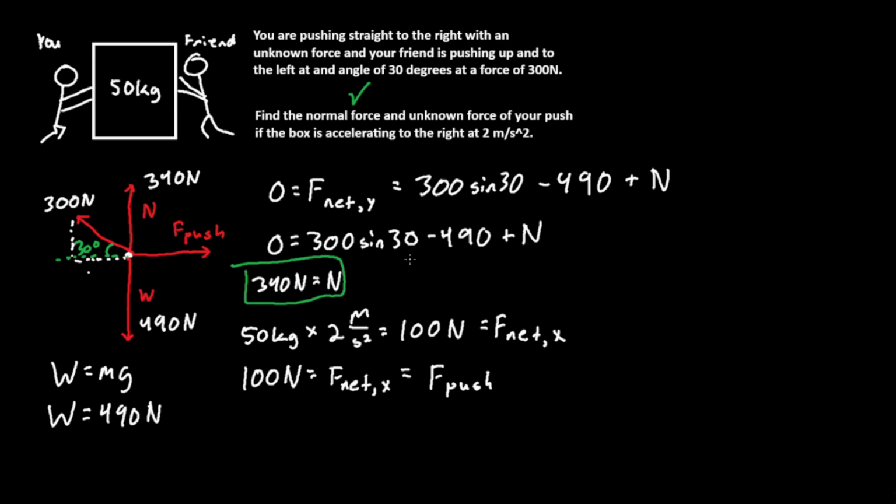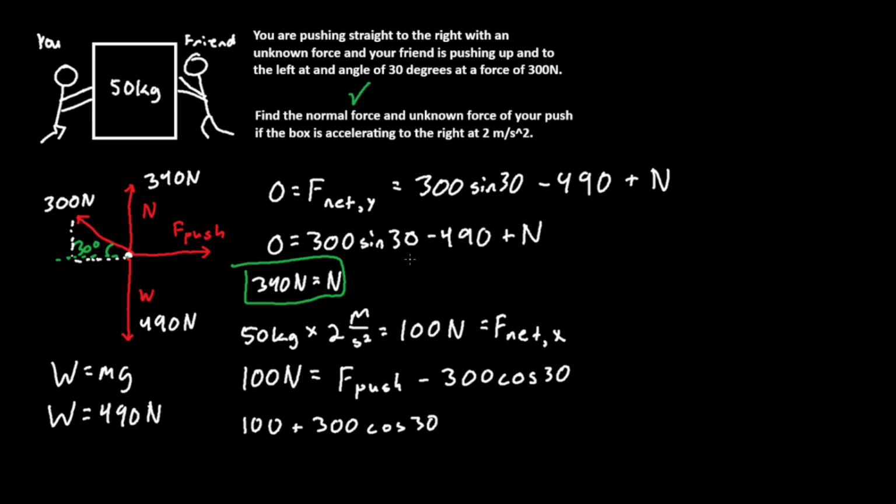Since this is pushing to the left, this is negative, so you would get 300 newtons times the cosine of 30 in order to get the x component of your friend's force.